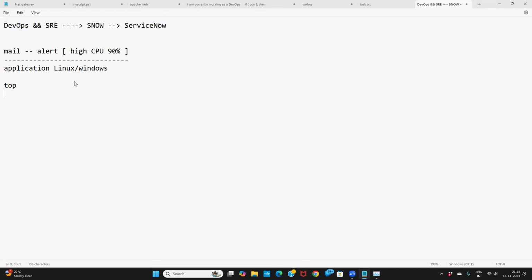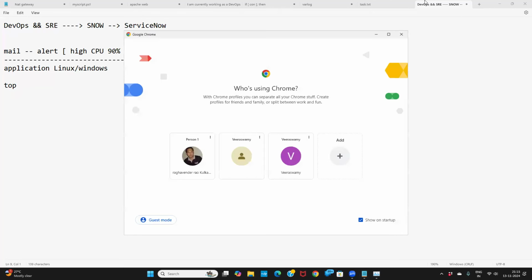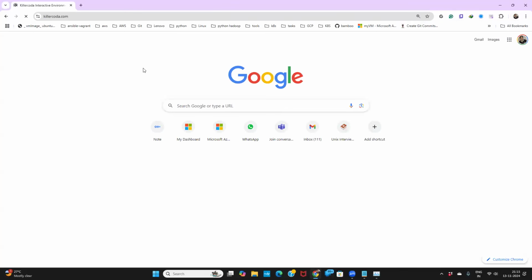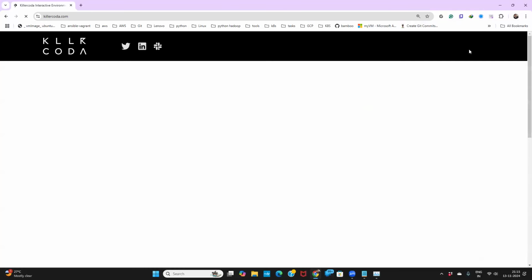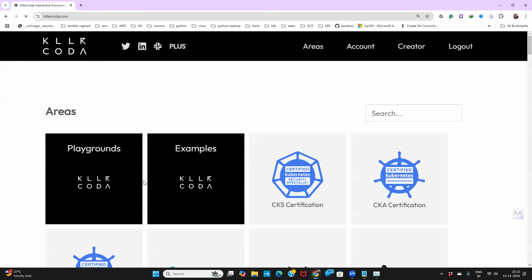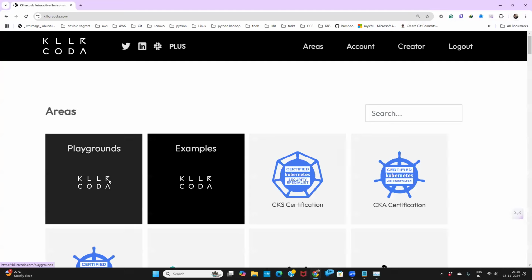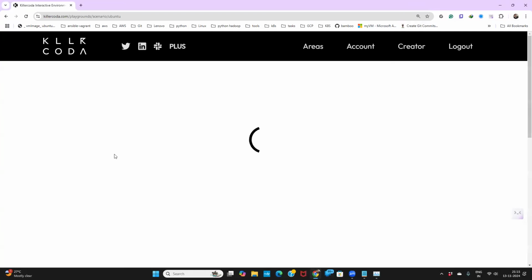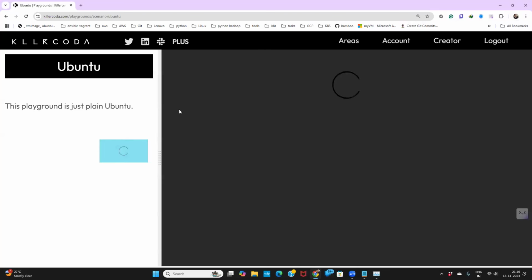So what I'll do is quickly connect to one of the Linux servers. Okay, so we have a Linux server ready to use, right?